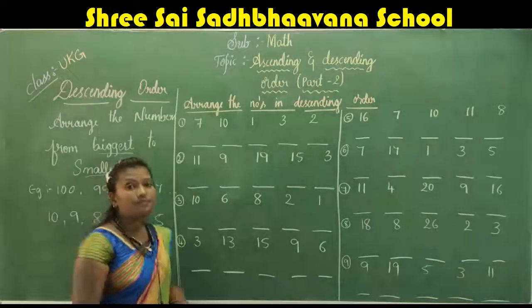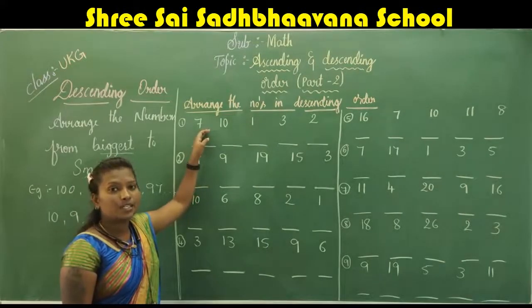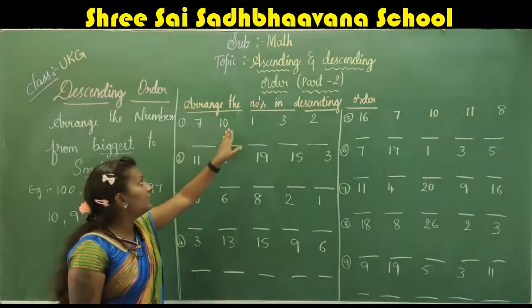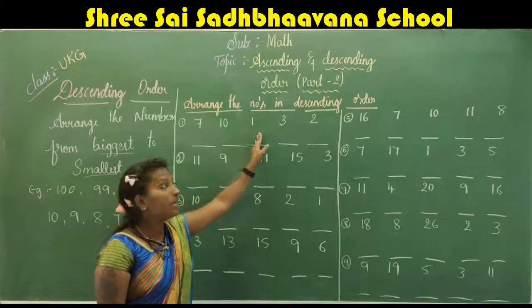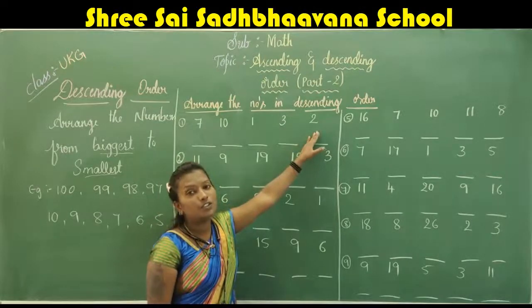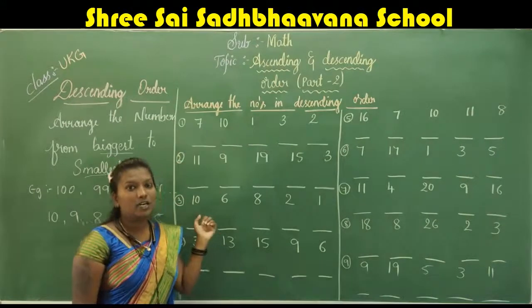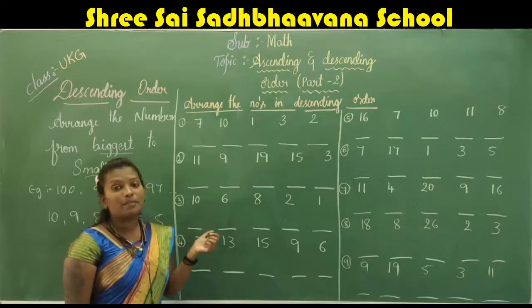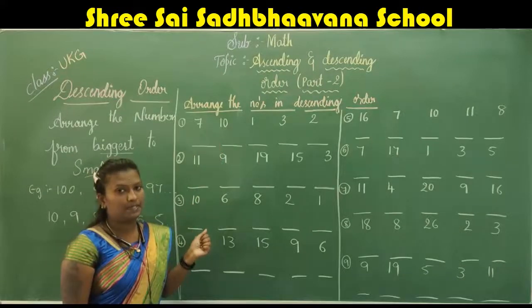Okay, children, now you tell me what numbers these are. Number 7, number 10, number 1, number 3, number 2. In this line, which is the biggest number? That one we have to write in the first place.